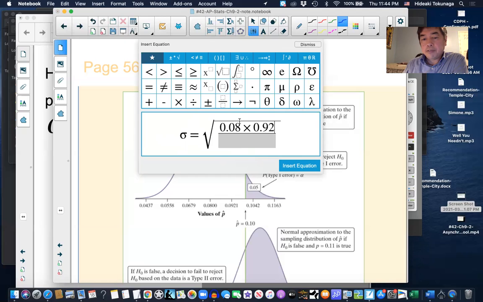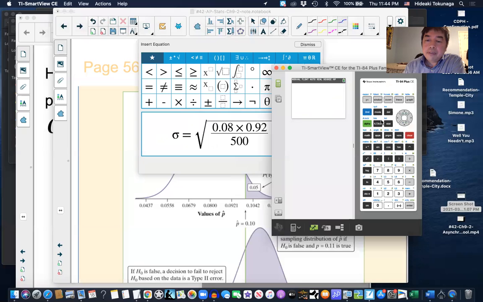We consider finding a blemished potato a success, and failure is finding a good potato, the other way around. Divide by 500. So this is going to be the standard deviation of this distribution. Let me write it down: the square root of 0.08 times 0.92. Sorry.